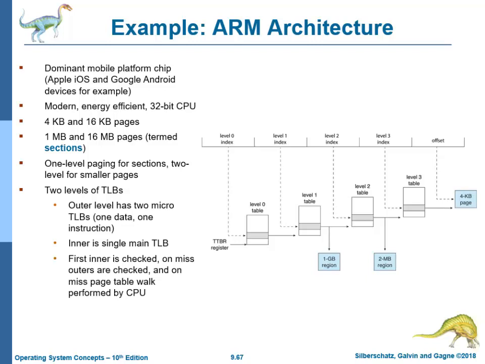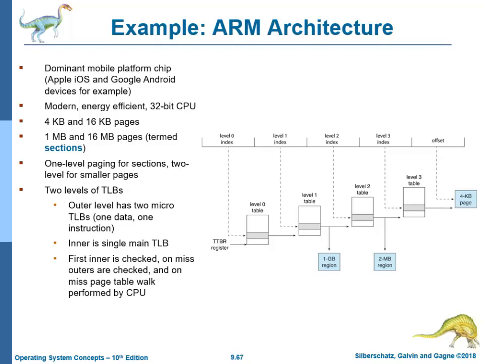Each translation granule provides different page sizes, as well as larger sections of contiguous memory, known as regions. For 4 KB and 16 KB granules, up to 4 levels of paging may be used, with up to 3 levels of paging for 64 KB granules.